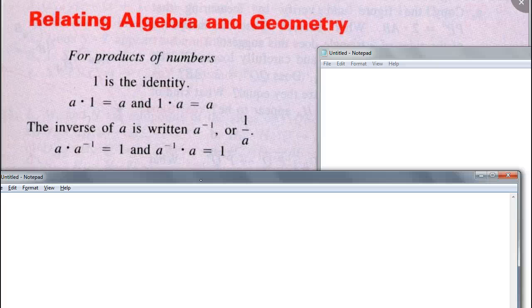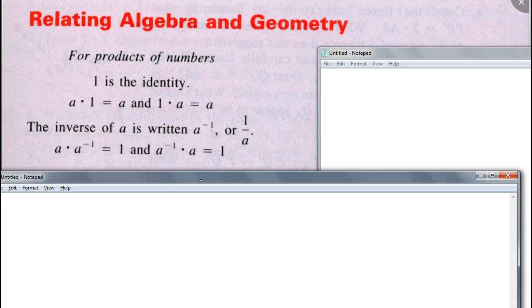So we know this to be true for algebra. It's going to work very similarly for geometry, I mean mappings, as well. Does that make sense? So let's talk about identity mapping. Look at what identity does to a number. If you multiply a number times identity, you get the same exact number, right? Guess what would happen if you were to apply an identity mapping to a mapping?